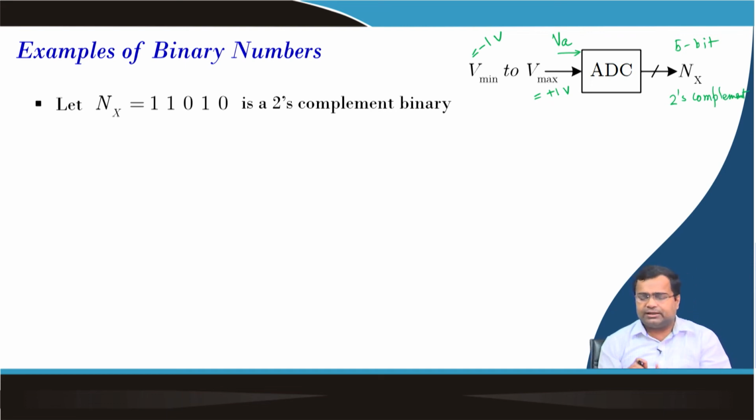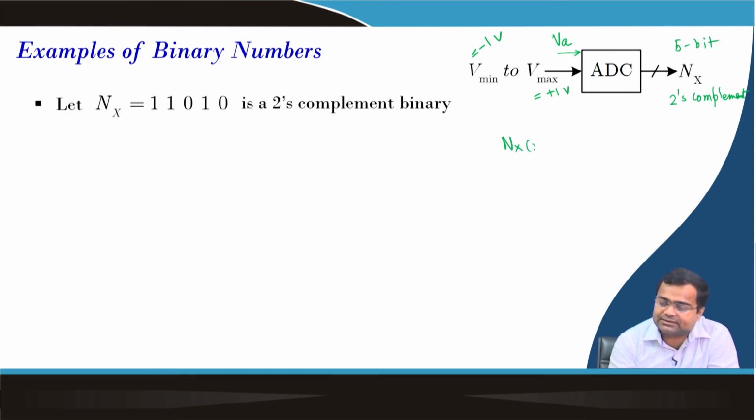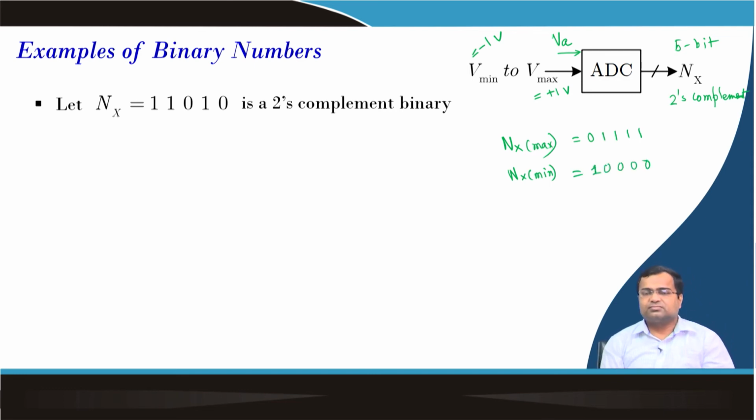So the natural question: what is the Nx max in 2's complement? It will be 0 followed by all 1s. What will be the Nx min? Because we are talking about 2's complement, it will be 1 followed by all 0s.